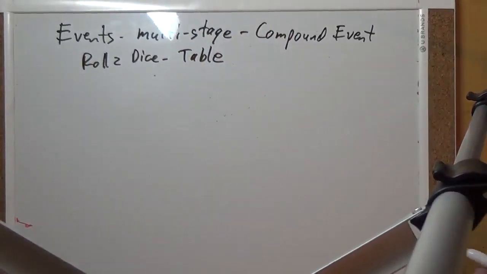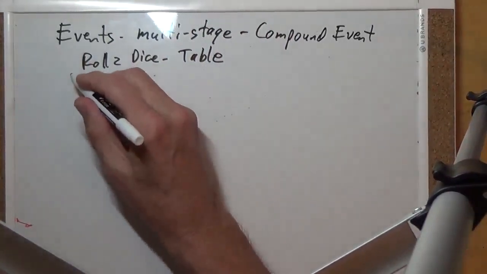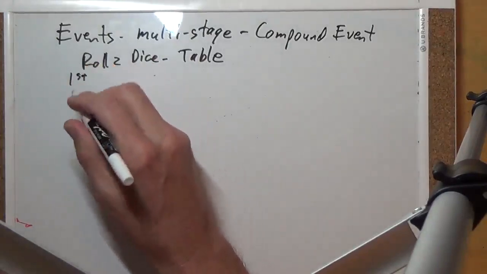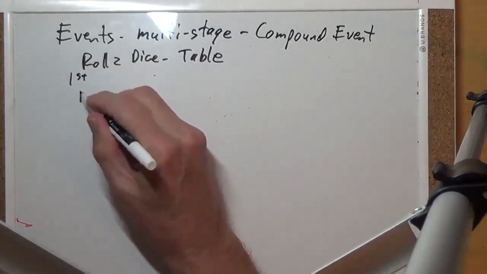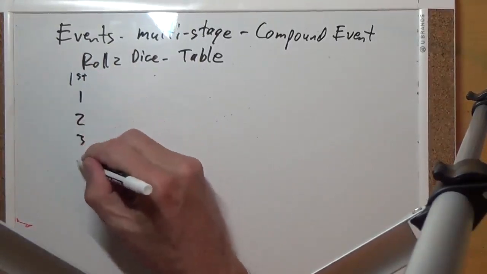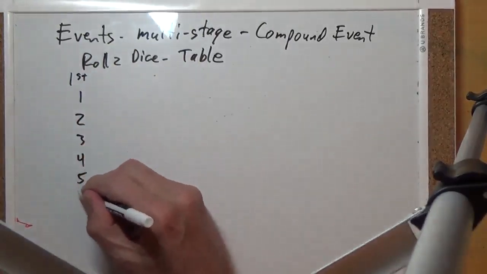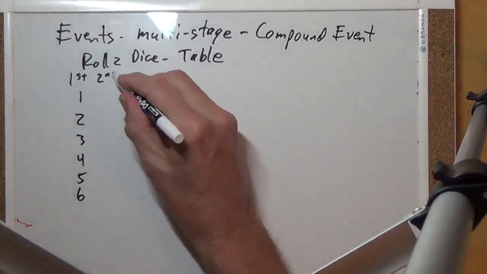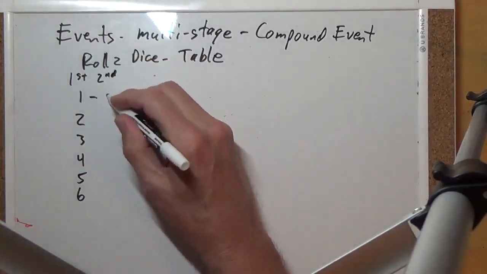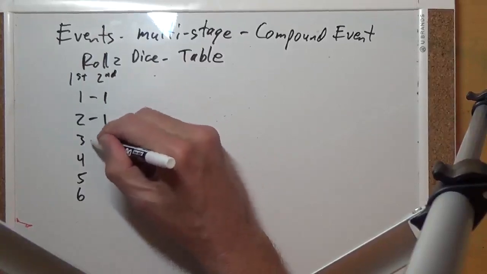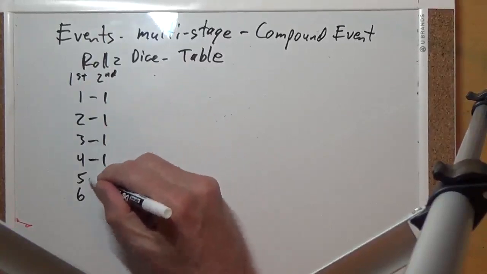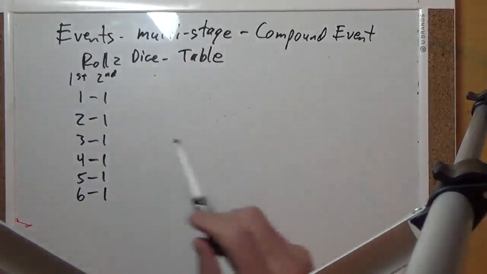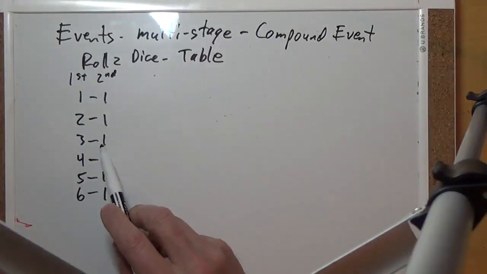But, okay, so if I look at the first die, it can be a 1, 2, 3, 4, 5, or 6. Then over here in my table, I'm going to have the second die. Well, notice how I'm pairing it up with the second die all being 1. So if the first die is, say, a 3, the second die is a 1.